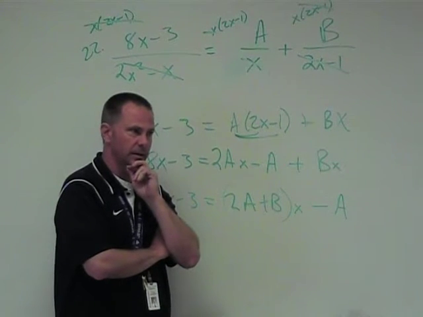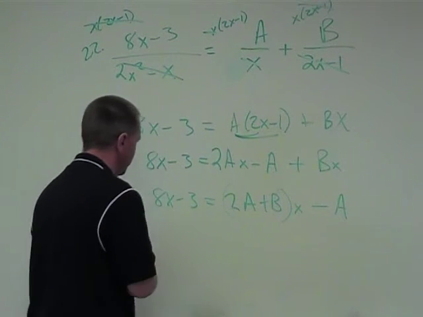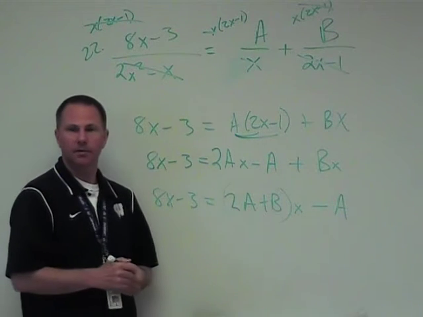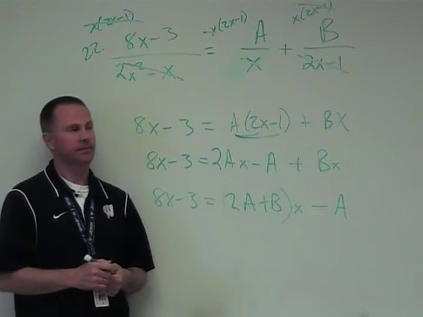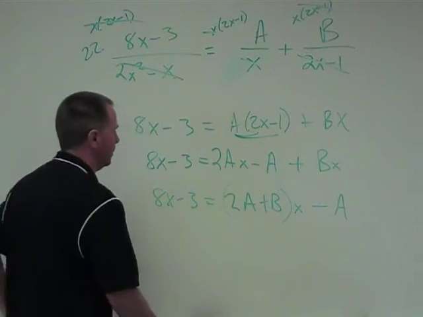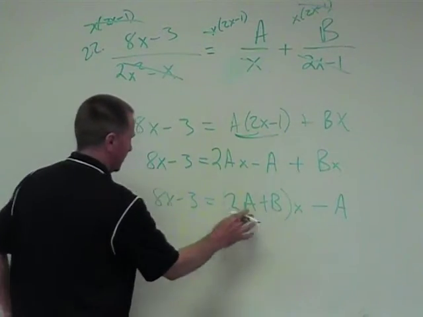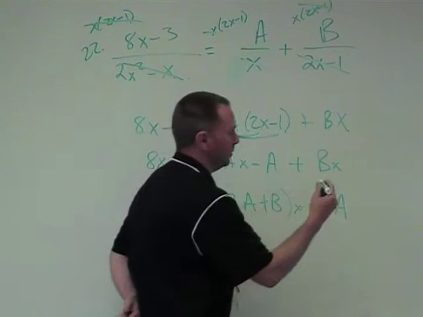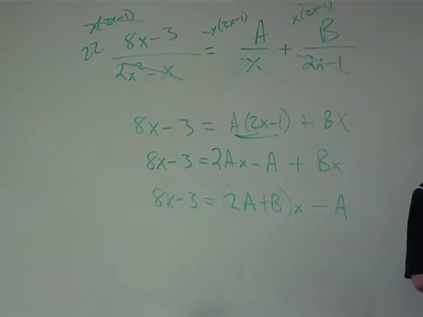Okay. What's the next step? Match your coefficients. So this x coefficient matches this one. I'll write it up here: 2a plus b equals 8. Does everybody see that? That's your coefficient on your x term. The 2a plus b is the coefficient on the right, and the 8 is the coefficient on the left.